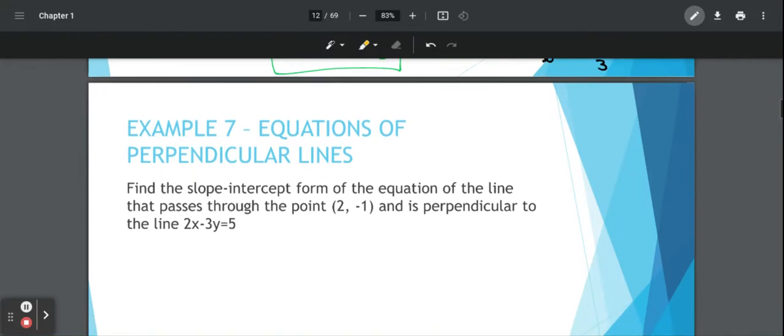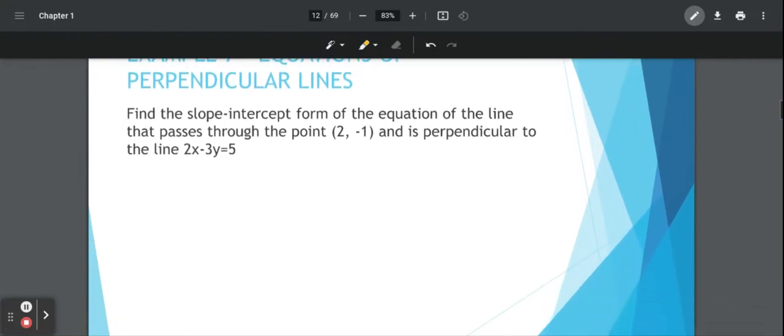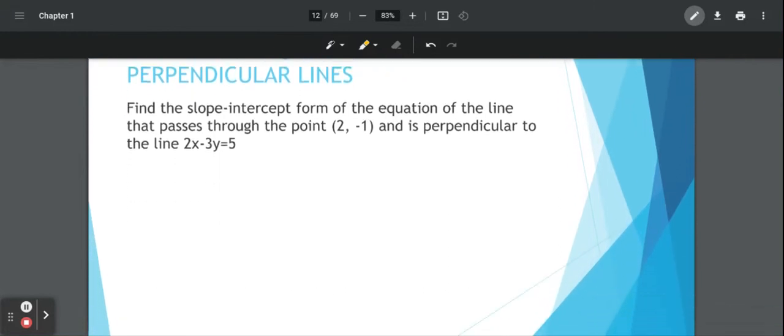And then this next example, equations of perpendicular lines, we need to find a slope. Again, we're given that point, but this time it's perpendicular. So remember, we need to figure out what the slope of that line is.